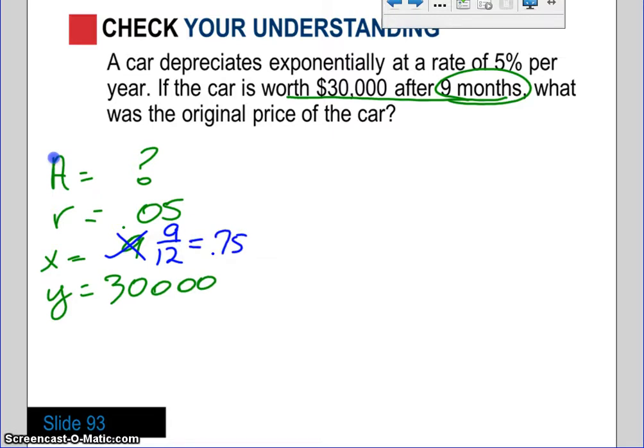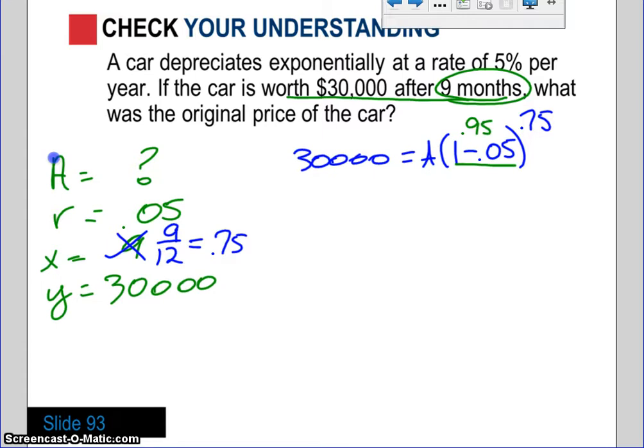Plugging that into our formula, we have 30,000 equals a times 1 minus 0.05 to the 0.75. Once I break that down, this subtracted is 0.95.